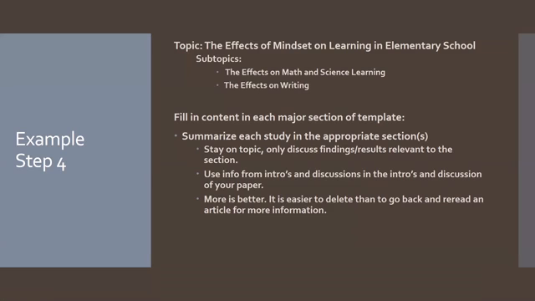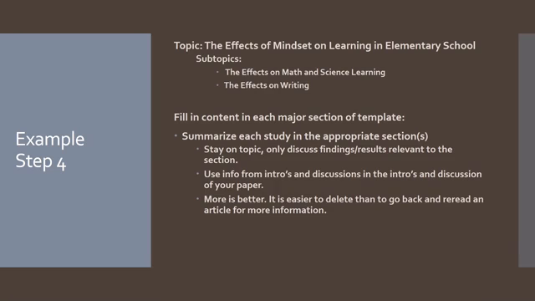It's going to be a little bit shorter. Annotated bibliographies were a little bit longer. We were practicing paraphrasing and pulling out all the relevant information. This might be a little bit shorter, but it's better to err on the side of putting more information about these studies in there than to err on the side of being too brief.